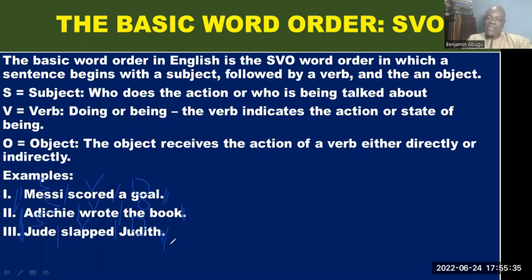So how you arrange the words determines the structure of the sentence you have formed. And that goes a long way in conveying the meaning. So that is how important the word order is. And that is why we are giving it attention in this particular lesson. So let's undo these marks and go to the next item on our agenda.